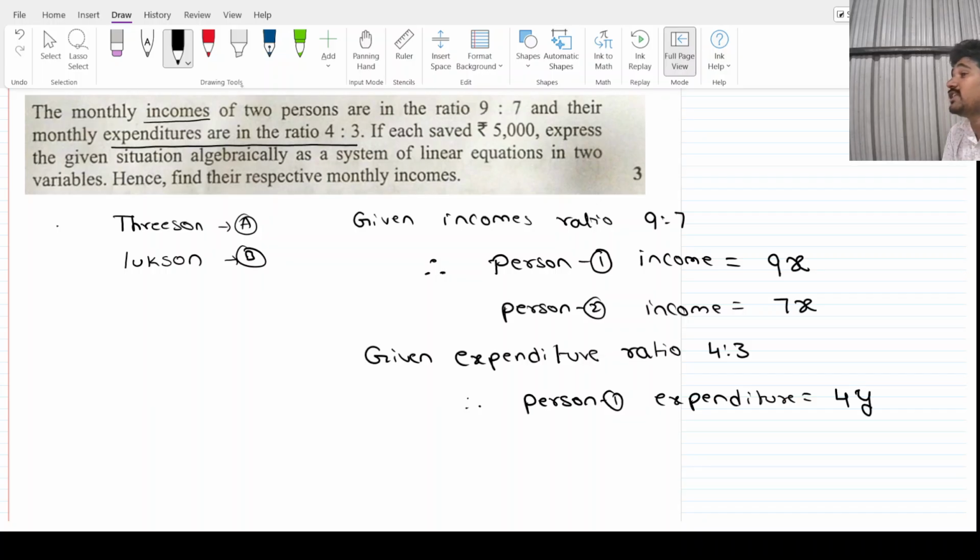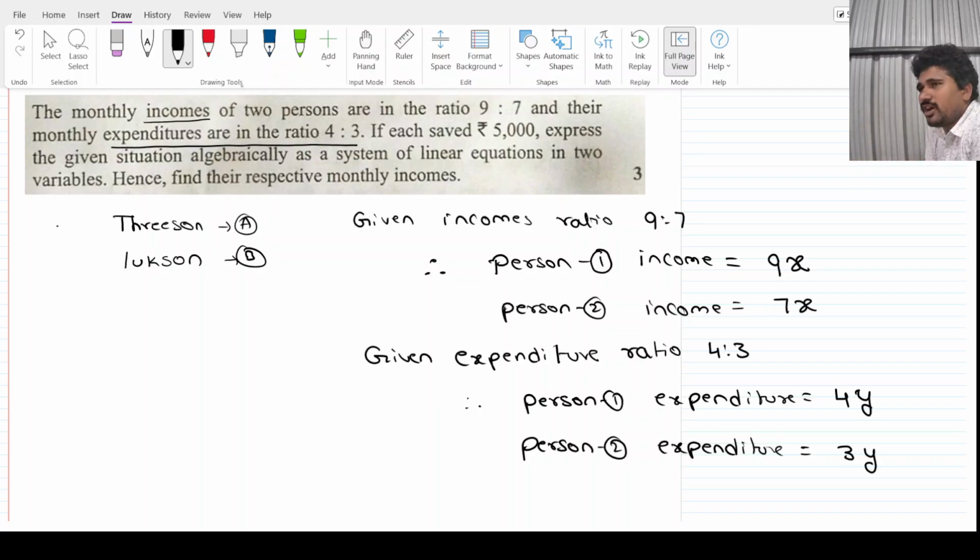Why don't we use the same x? We should not use the same x. Clear that thing now? And person 2 expenditure is 3y.